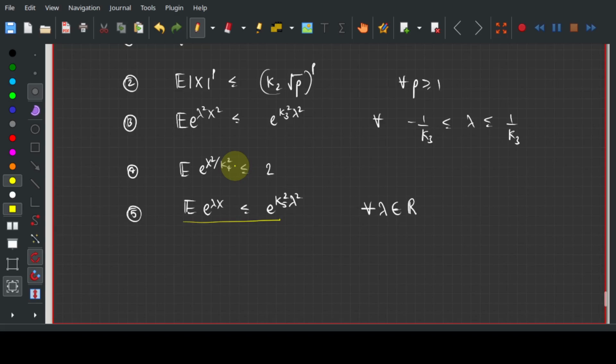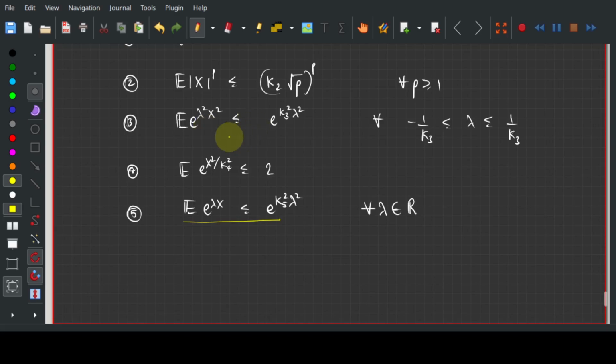It's not fully true, because I'm saying that this is bounded only in this particular range. In particular, I'm not saying that the reverse is true. So, for example, these are equivalent conditions: if this is true, then this is also true, correct? But if x square is Subgaussian, you can't guarantee that x is also Subgaussian.